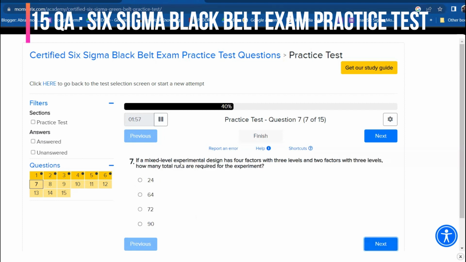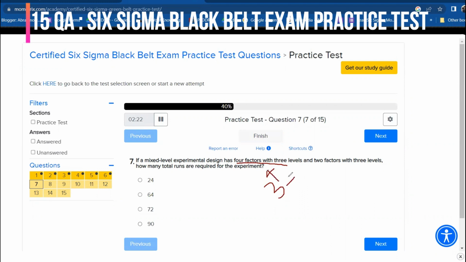If a mixed level experiment design has 4 factors with 3 levels, so 3 to the power of 4. Maybe I'll use the annotation. So 4 factors, 3 levels.